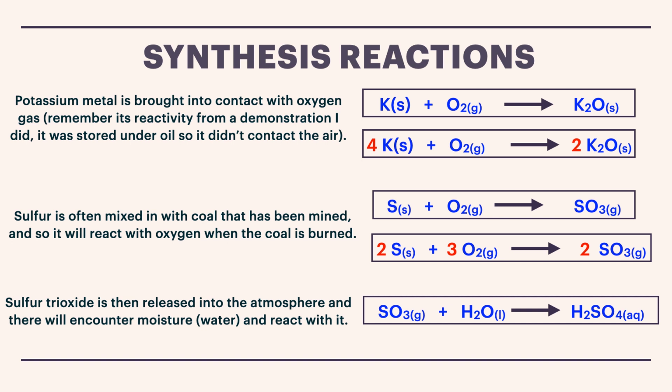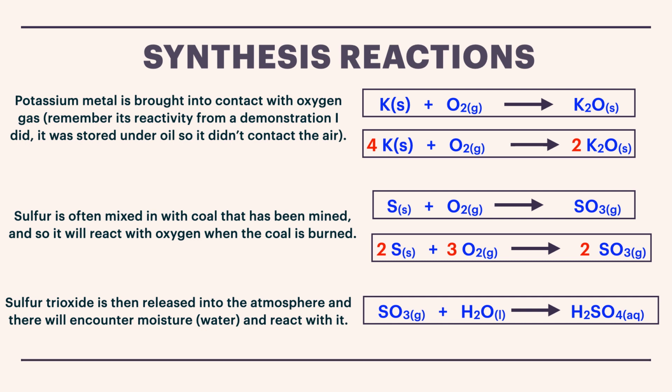So some kinds of coal can have a really significant environmental impact because of the sulfur content. The sulfur trioxide that gets released can lead to the formation of sulfuric acid.